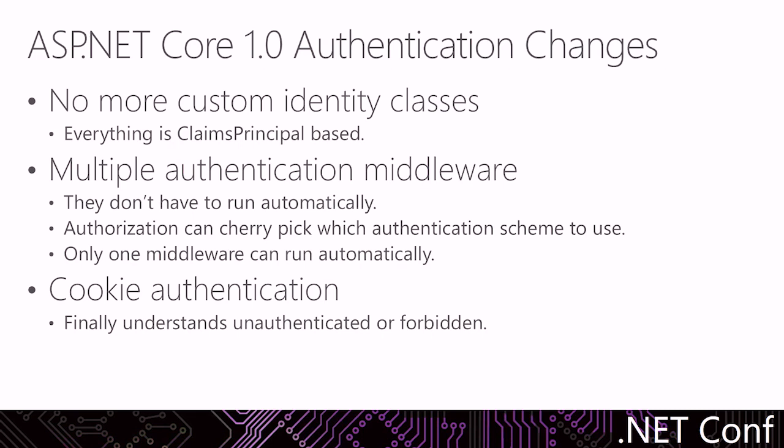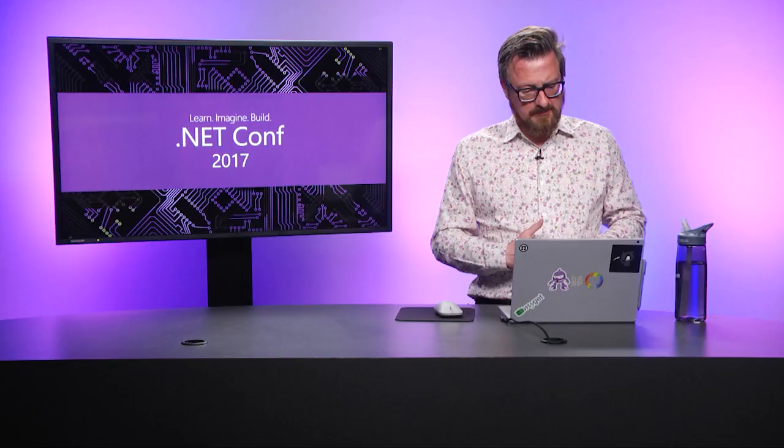Only one of these middlewares can be set to run automatically. That was our intention. You could actually set multiple ones to run automatically because we didn't architect it that great. And when you did that, you would end up in what was described as an unsupported scenario, which is a pleasant way to say, we have no idea what's going to happen right now. We have fixed that in 2.0, and I'll come on to that.